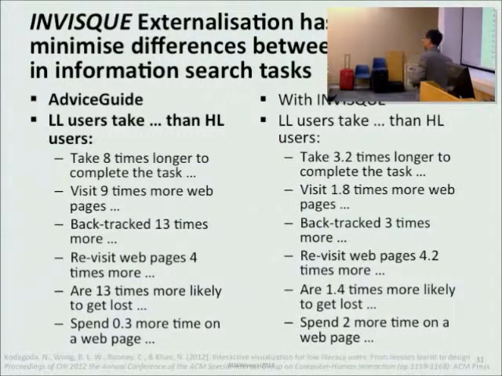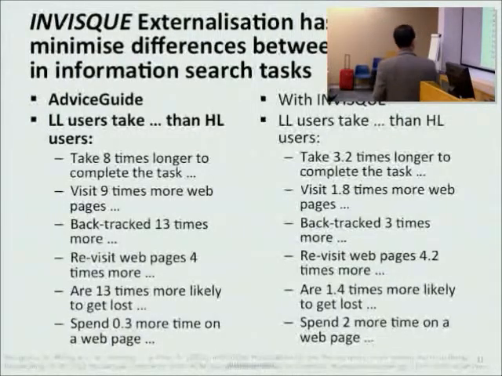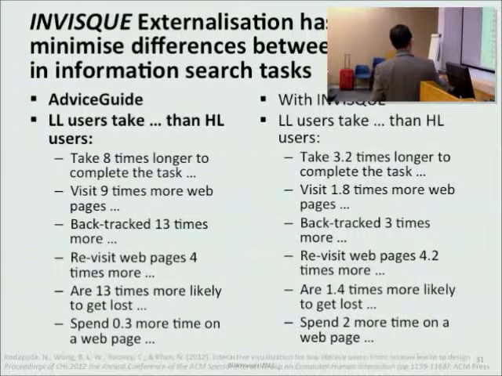And what we found was that for the low literacy users, not high literacy, but the low literacy users, those who are less socially adept at finding information in the first place, okay, they took 3.2 times longer to complete the task in comparison to using the InVisic; using the advice guide, it took 8 times longer to complete the task. Okay? In terms of visiting more web pages, when they were using the website, they had no idea what they're looking for.